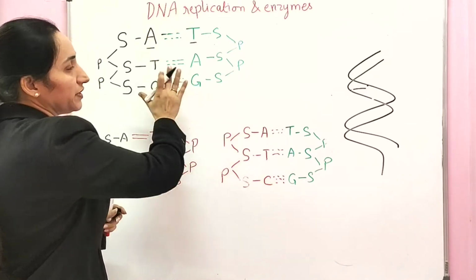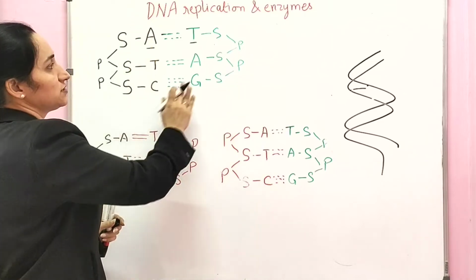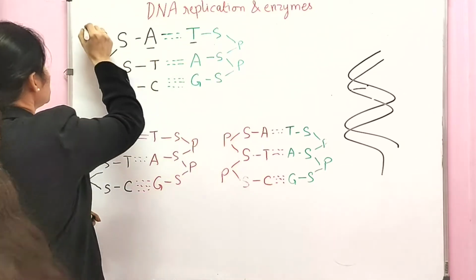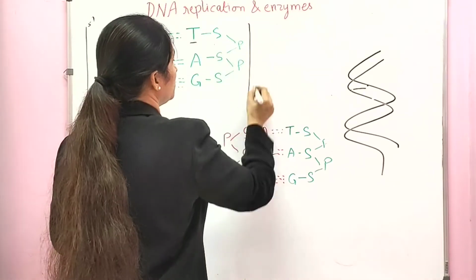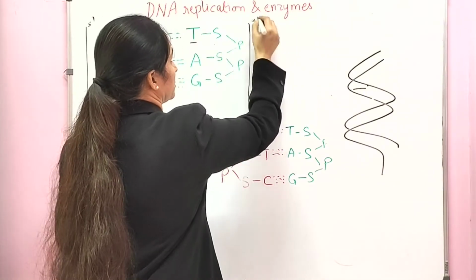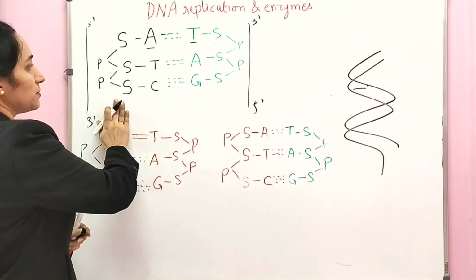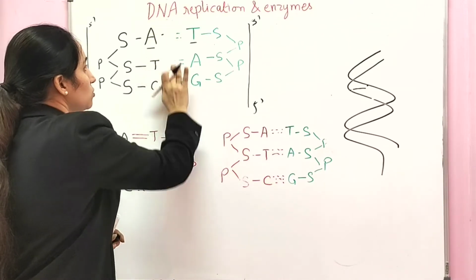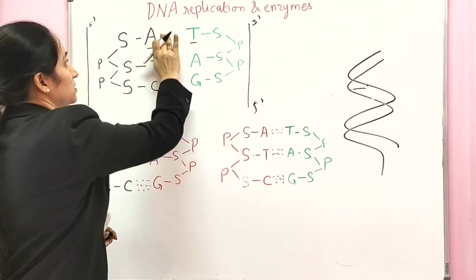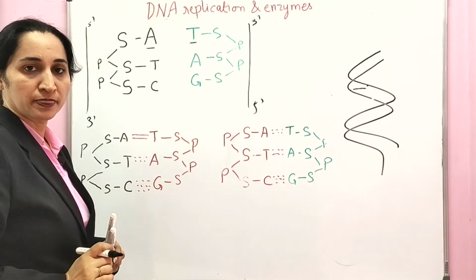Okay, now to separate these two strands, this is first strand, this is second strand. Let us suppose this is 5 prime 3 prime direction, then this would be 3 prime and 5 prime direction. Now to separate these two strands, we need to break these hydrogen bonds.